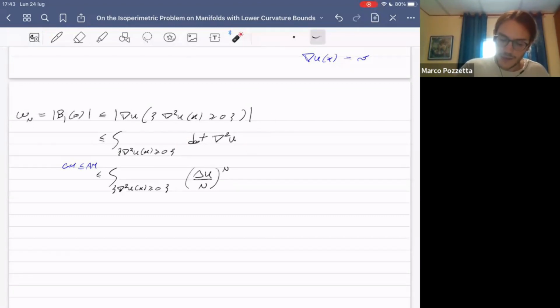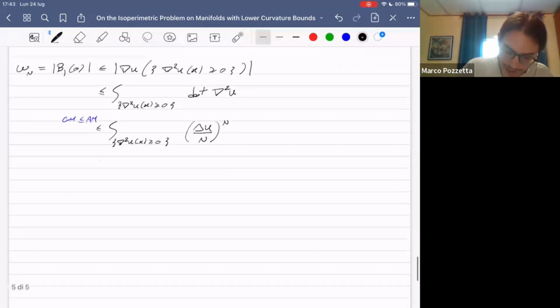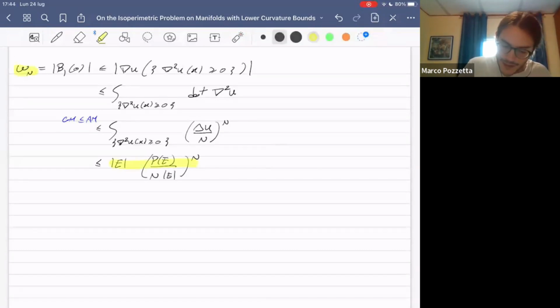So by the geometric mean, arithmetic mean inequality, I get this, but now I use the PDE. In the PDE, the Laplacian of u is constant. It's constant, perimeter over volume. So here is just less than, integrating over all the set, perimeter of E over volume, with also an n, to the power n. And if you just rearrange the first term here with what we obtained, this is exactly the Euclidean isoperimetric inequality.